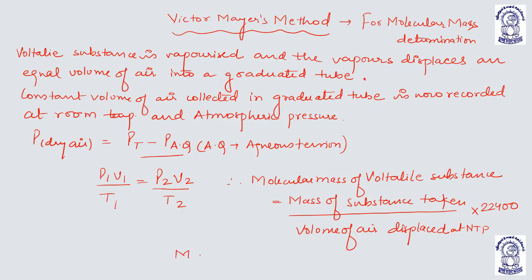Here comes the molecular mass: the mass of the substance taken upon the volume of the air displaced. The molecular mass comes to be 2 into vapor density. Okay, this is the Victor Meyer's method.